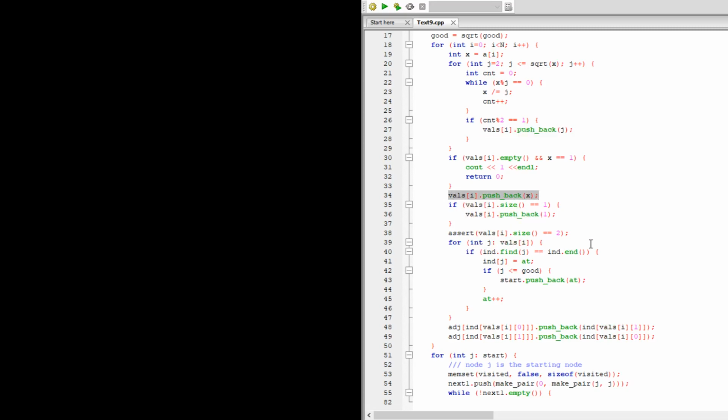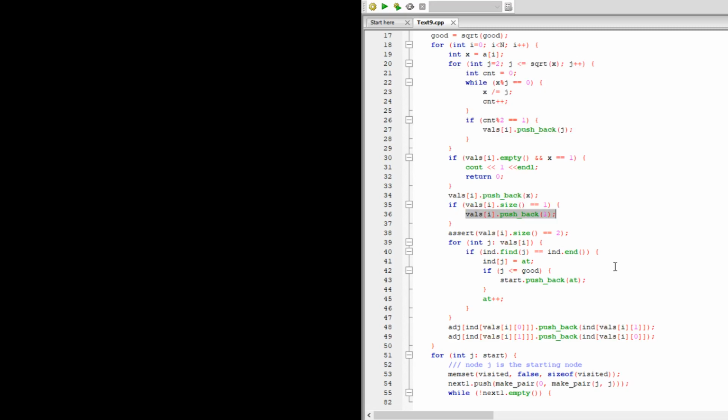We add it as a prime factor, and then if val.size equals 1, this just means that there's only one value in vals. It could be because only one prime value was found here or whatnot. If there's only one value, we add the value 1.